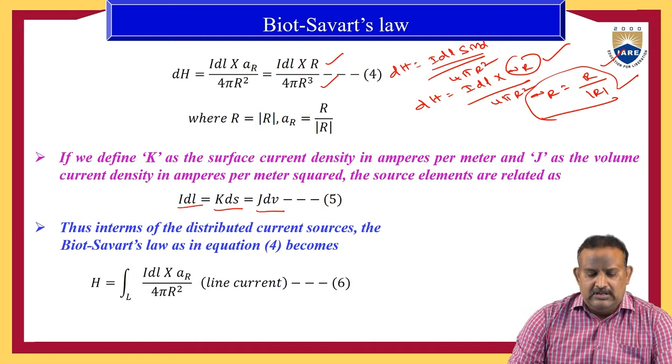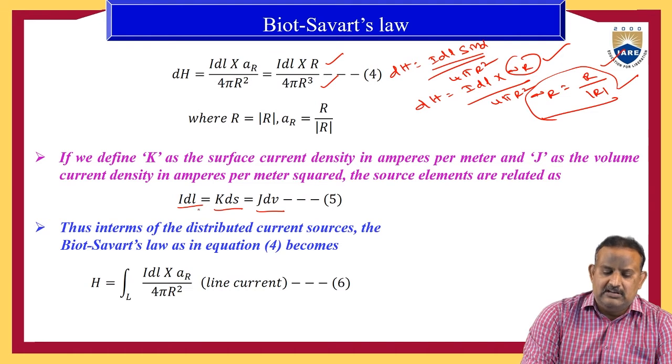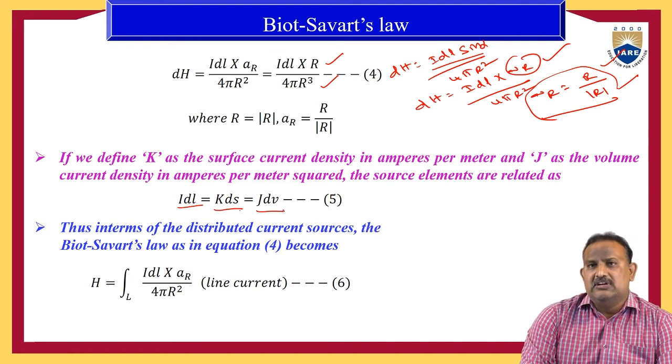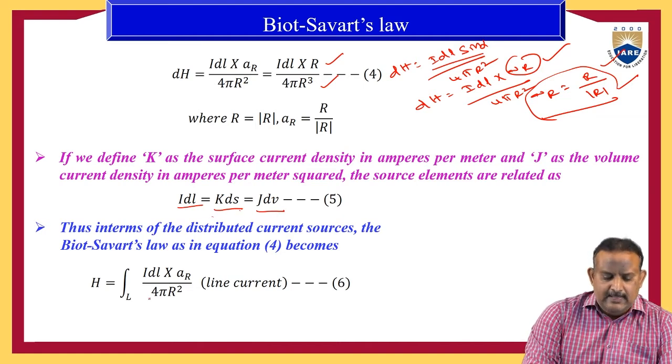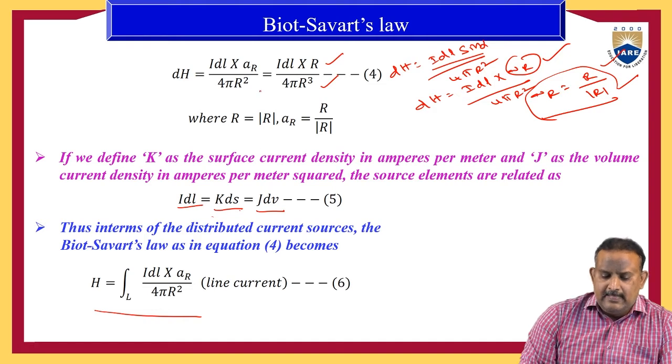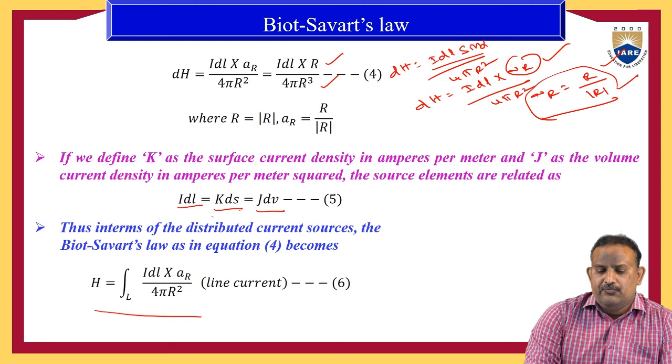Next, if we assume these are the moving charge elements, line charge, surface charge and volume charge, we can express Biot-Savart's law using the line, surface and volume currents. Already we have dH equal to Idl cross r by 4 pi r cube.